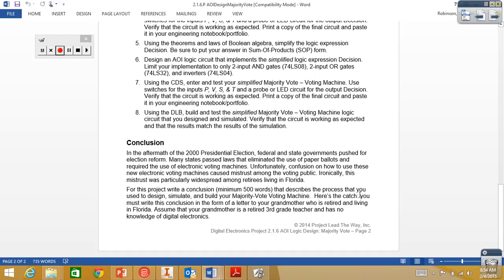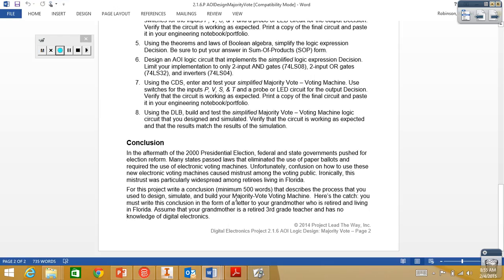You're writing this letter to your grandmother, who is a retired teacher living in Florida. Assume that your grandmother is a retired third-grade teacher and has no knowledge of digital electronics. So you must explain to her what AOI logic is and the steps you went through to do this.